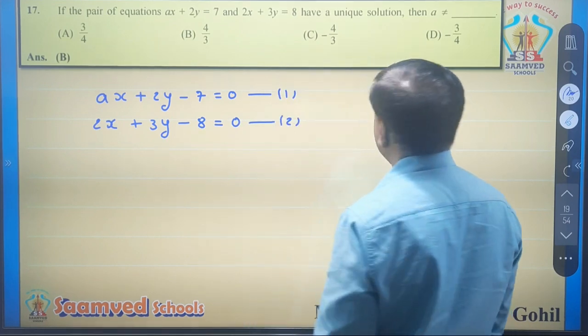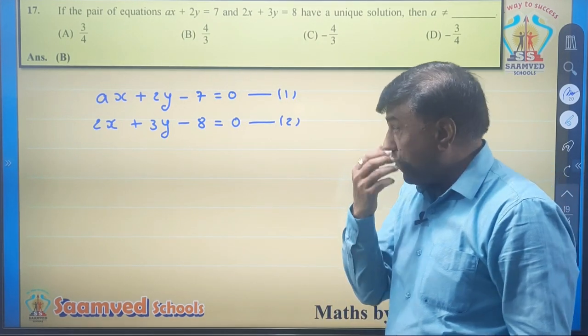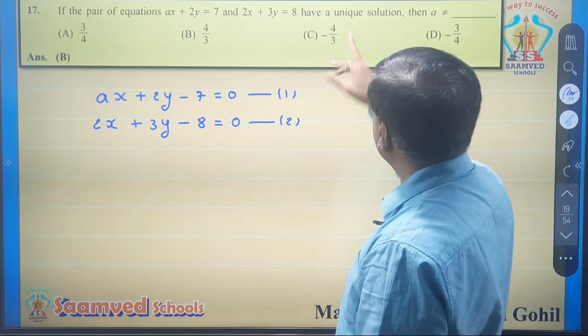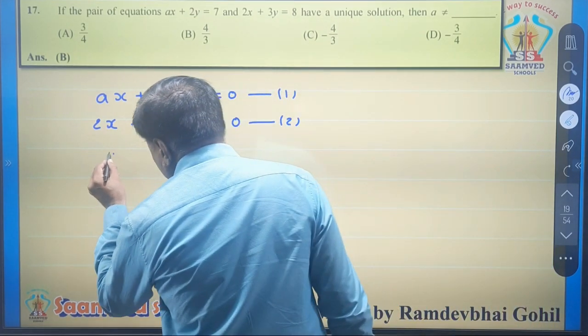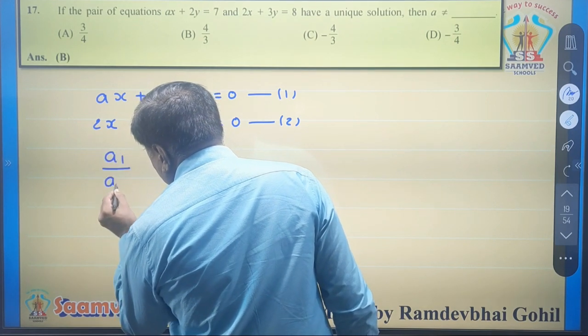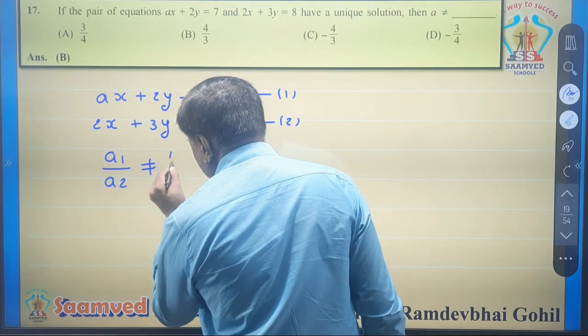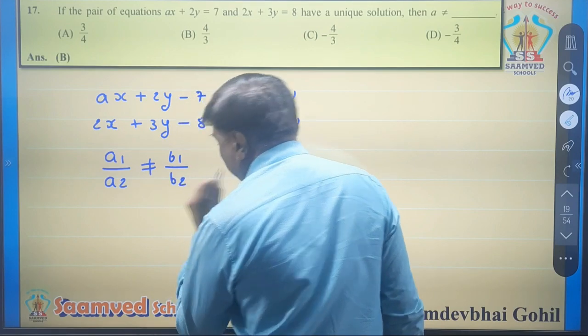If there is a unique solution, then the condition is a1 upon a2 does not equal b1 upon b2.